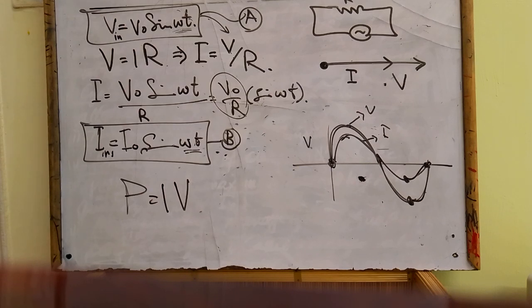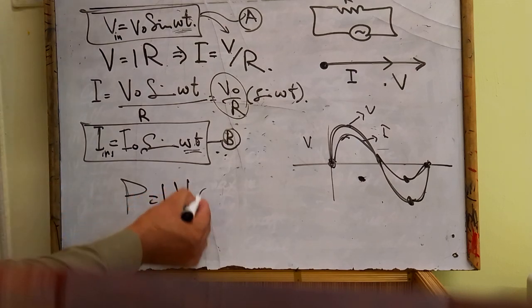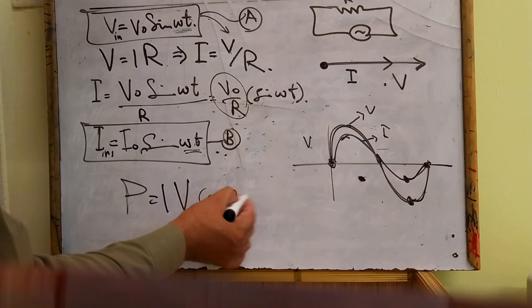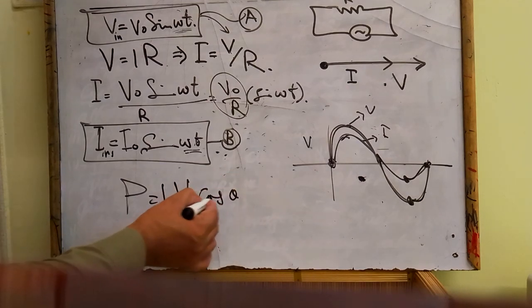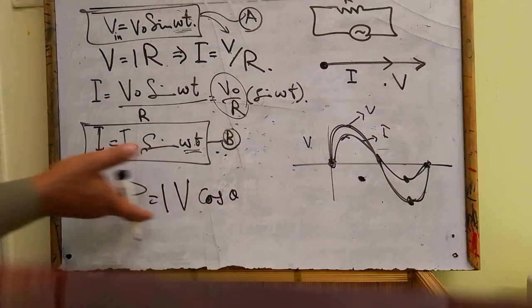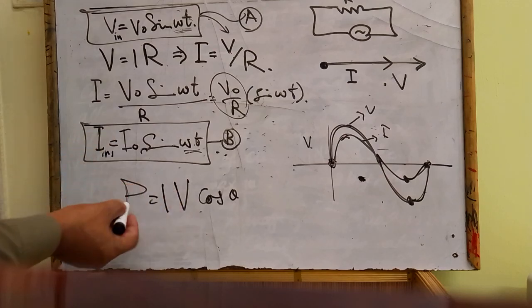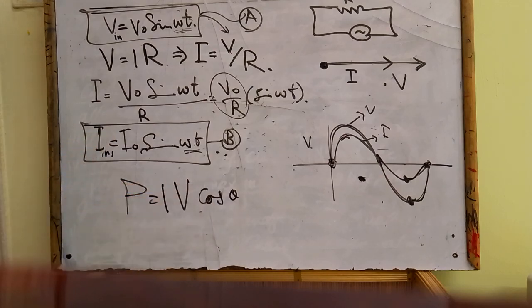What power is there? So P is equal to IV. Or simply we can write P is equal to IV cos of theta. This is an equation for the power. The modified equation for electrical power can be written like IV cos of theta.